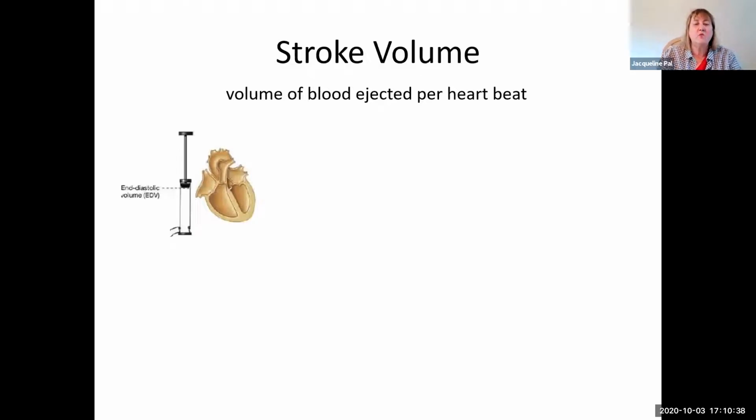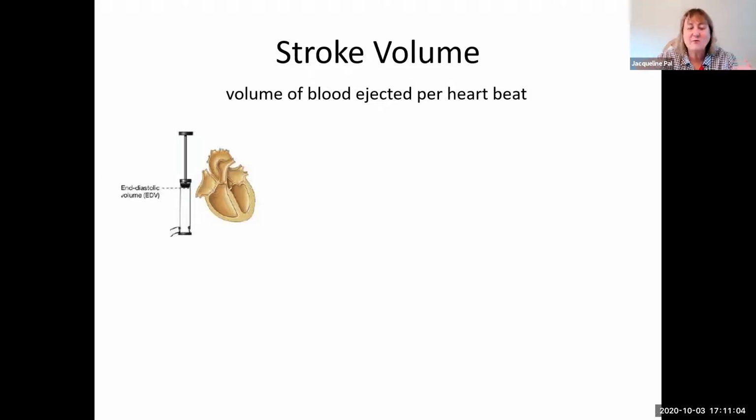So when we look at the heart, at the end of diastole in the ventricles, the ventricles have been relaxed, and the atria are relaxed at first, and the tricuspid and mitral valves are open, so blood's pouring into the ventricles from the atrium. Then we have atrial systole pushing those last droplets of blood into the ventricle.